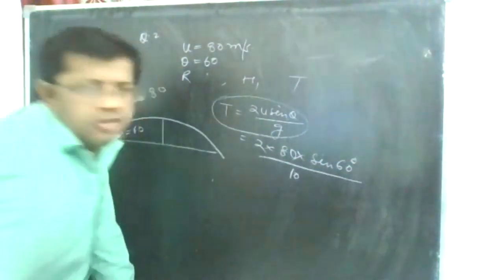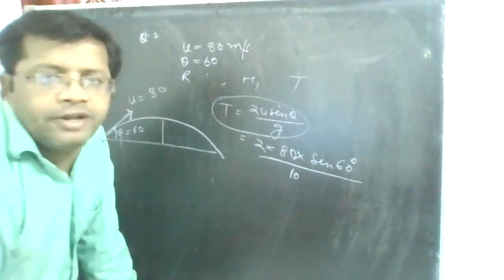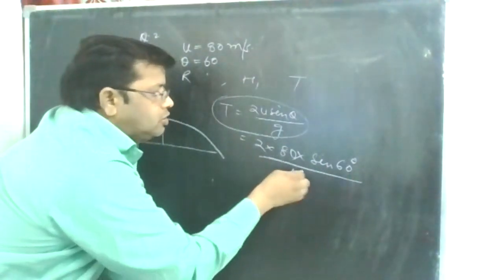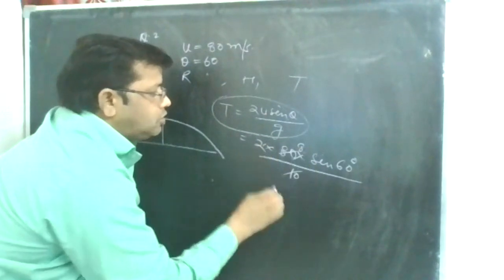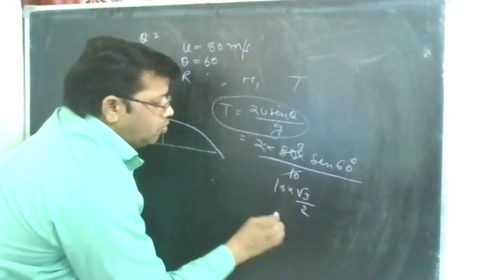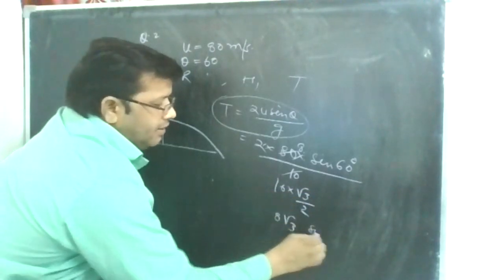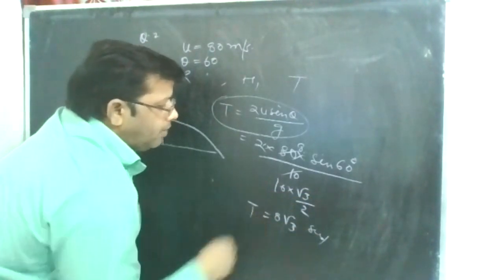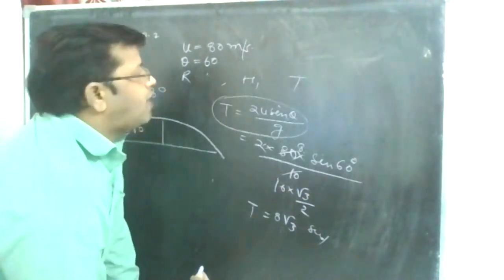You can take g as 10 in place of 9.8. So 16 into sin 60, root 3 by 2, it is 8 root 3 seconds. This is the formula for time of flight, not time period, time of flight.